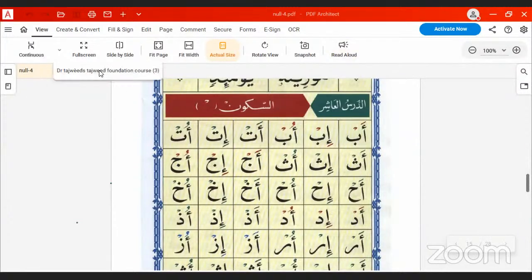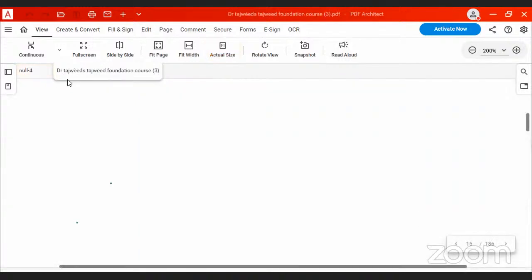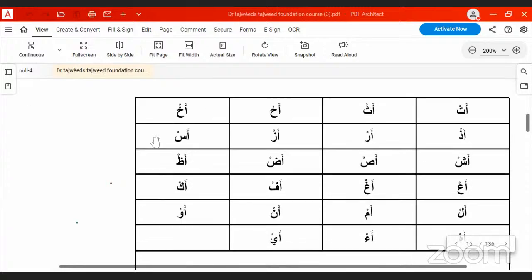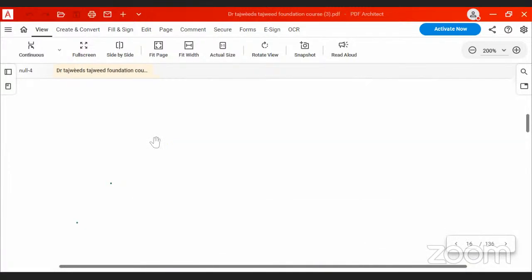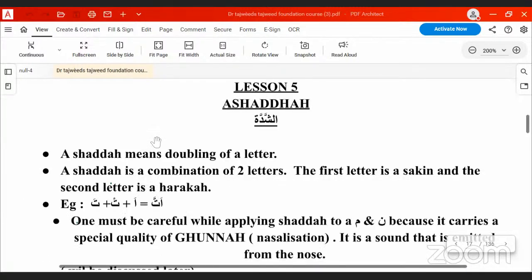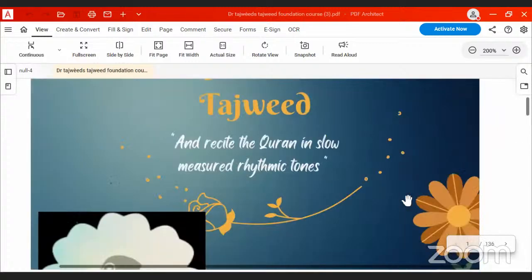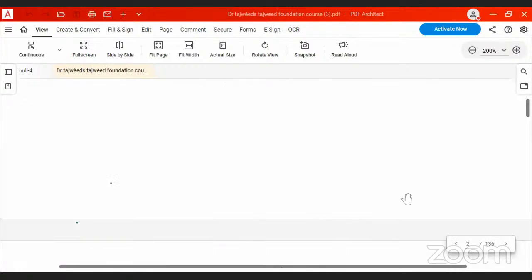Alhamdulillah, now we have learned five connectors. So again, let me go through the contents. How many more chapters are there?